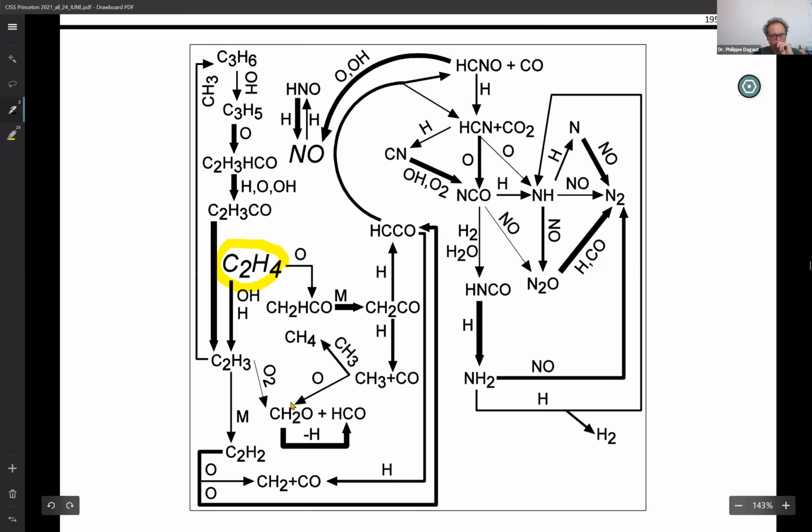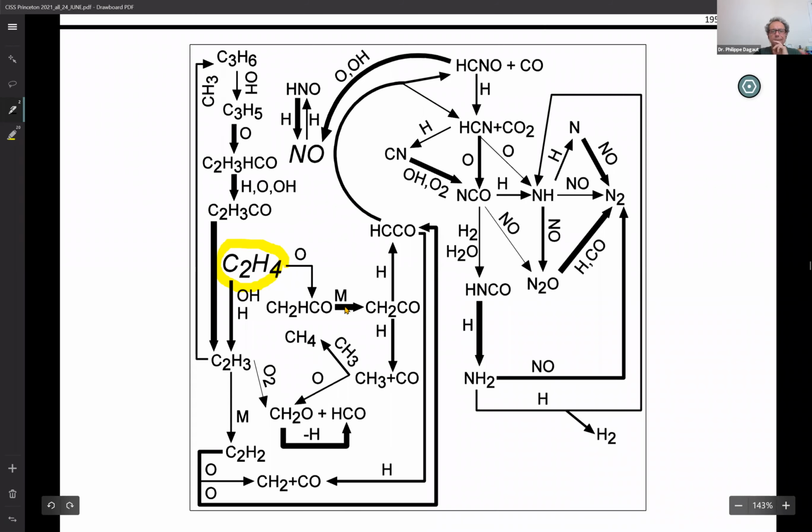And by oxidation, you get formaldehyde and HCO. The other channel is the oxidation of ethylene by O atoms, producing this binoxy species, which can decompose and produce ketene, CH2=CO.